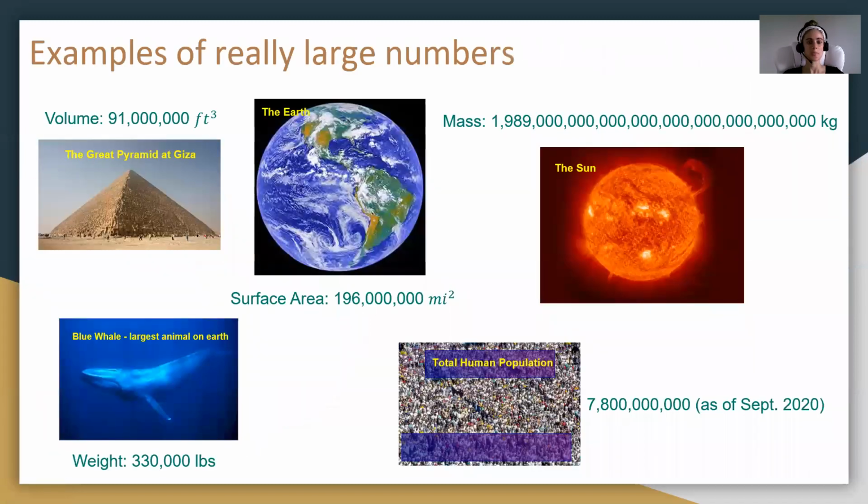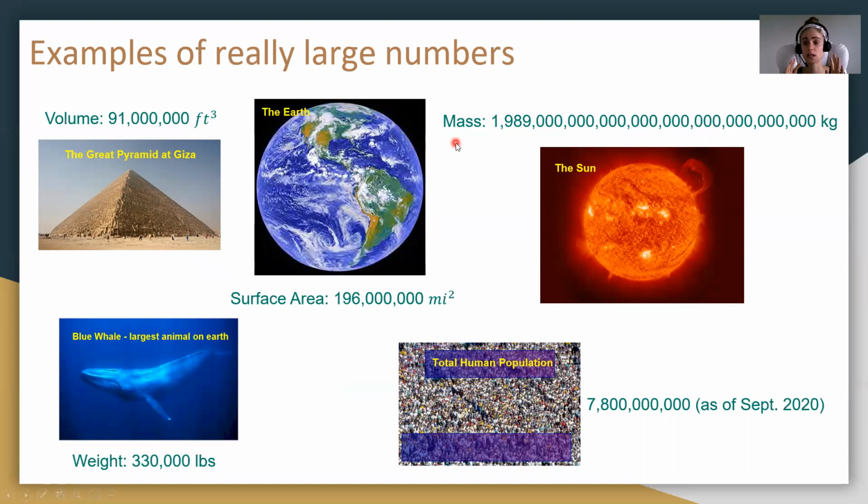There we go. With scientific notation, we're going to get to what that looks like in a moment, but one of the reasons we use it is for numbers that are really, really large. If we look at all of these different examples here, we have the volume of the Great Pyramid, the weight of a blue whale, and then, oh my goodness, the mass of the sun.